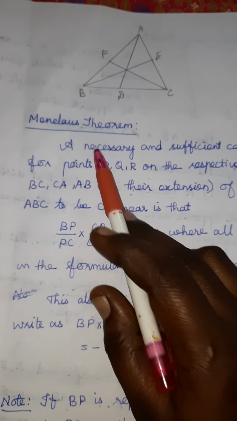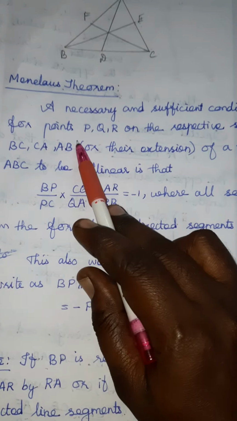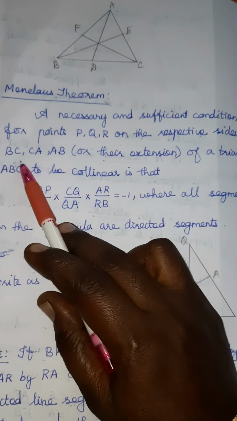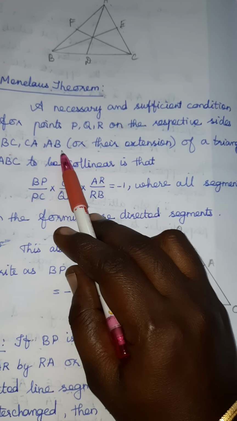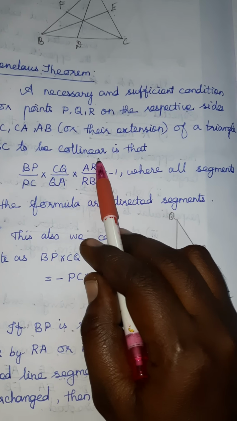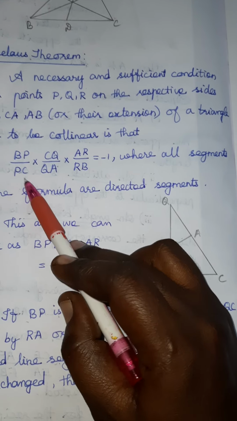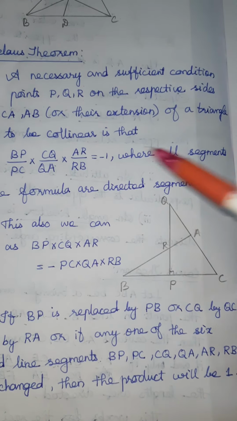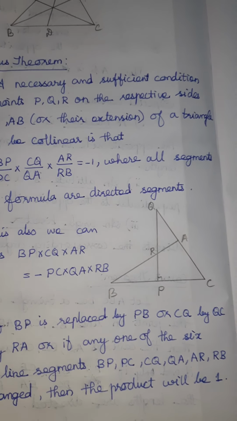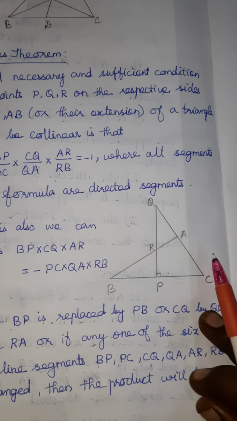Next one is Menelaus's theorem. A necessary and sufficient condition for points P, Q, R on the respective sides BC, CA, AB of a triangle ABC to be collinear is that BP divided by PC into CQ divided by QA into AR divided by RB equals minus 1, where all segments in the formula are directed segments.